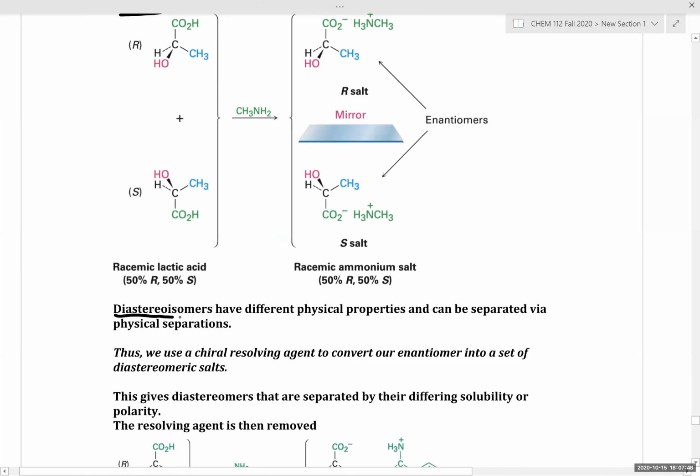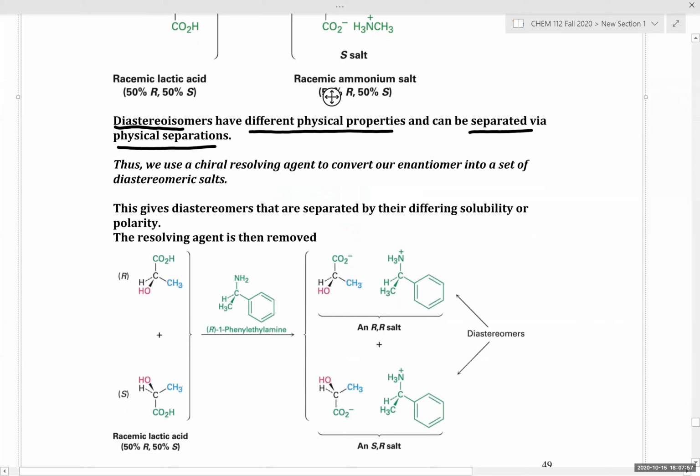Diastereoisomers have different physical properties and can be separated via physical separations. Thus, one common trick to separate enantiomers is to use a chiral resolving agent to convert our enantiomers into a set of diastereomeric salts.